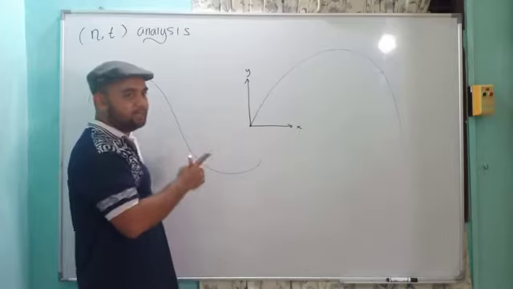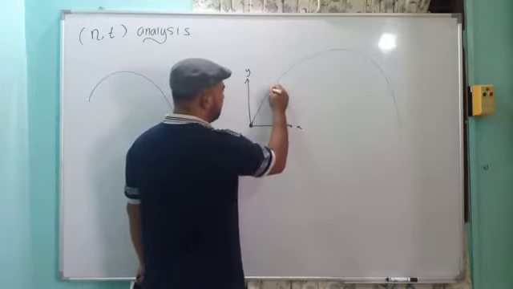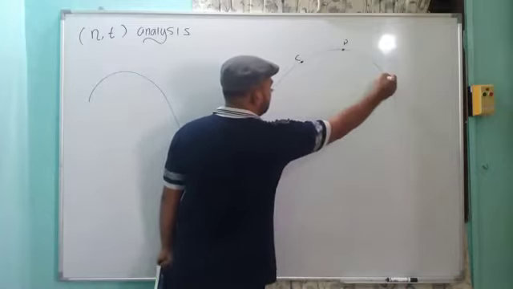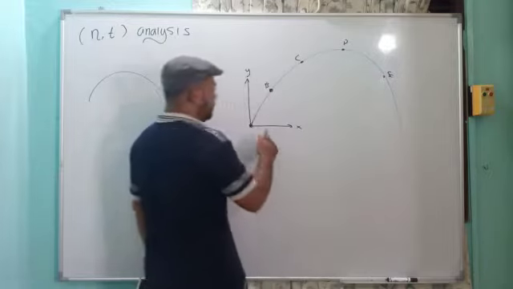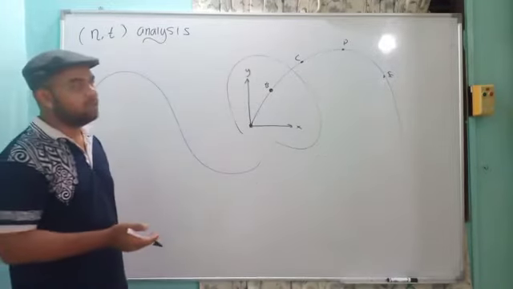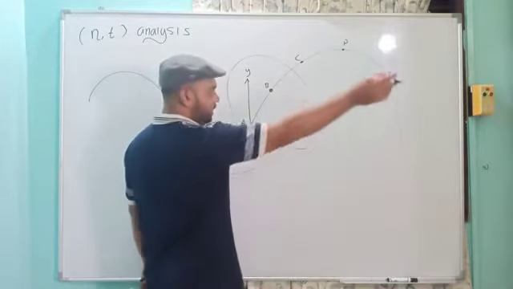Let's say the particle starts from here, moves to point B, then point C, point D, point E. The axis will always be there. Only one axis, so our analysis is from point A to B, A to C, A to D, and so on.